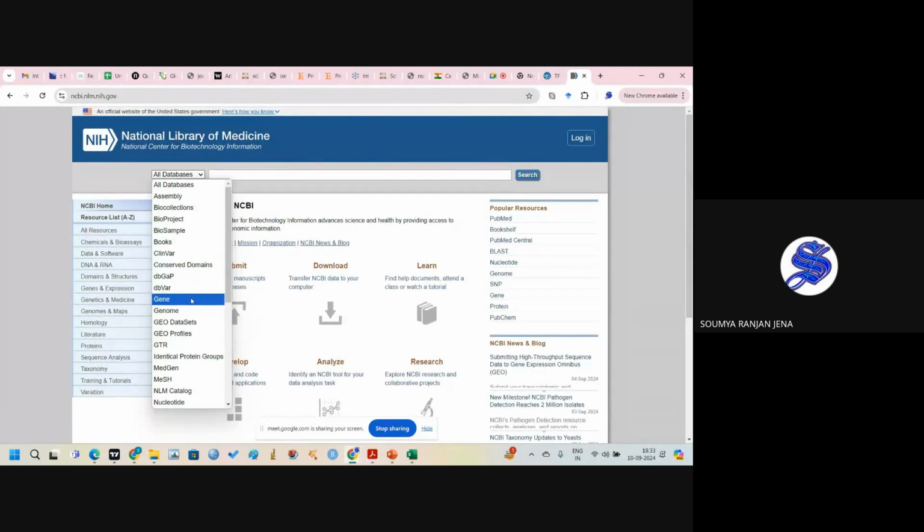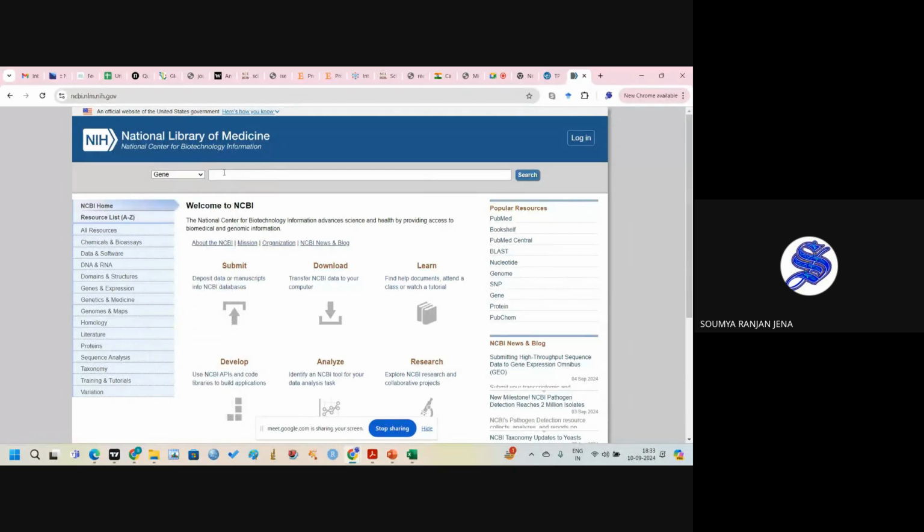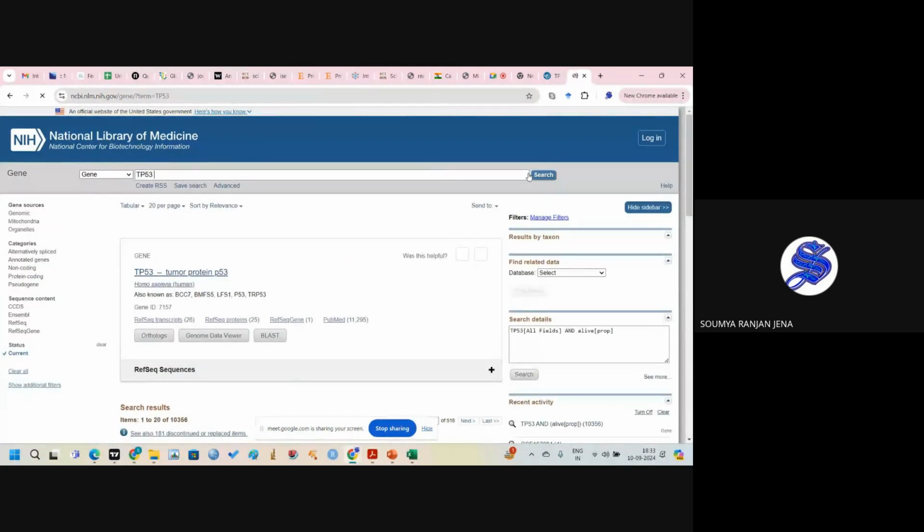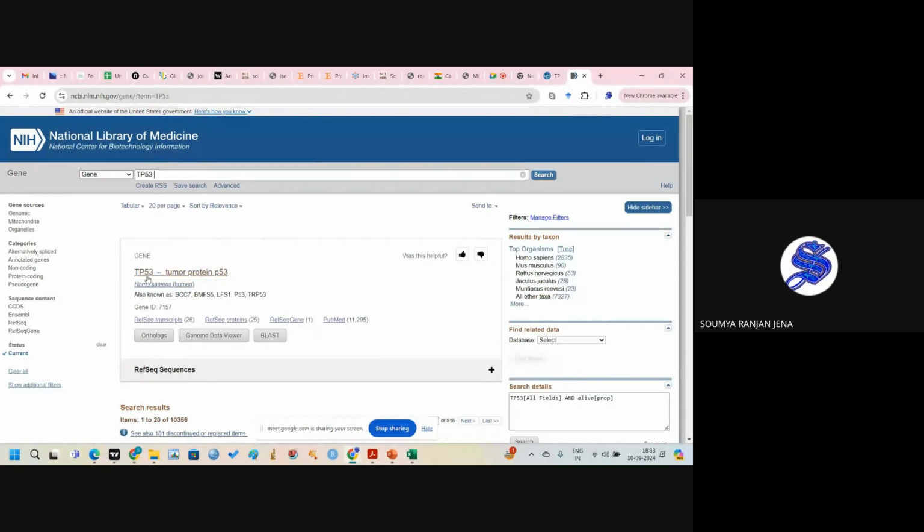If we go to gene, then here we find the same TP53 gene. You can check what is the function of this TP53 gene. This is TP53, that is the tumor protein 53 gene.